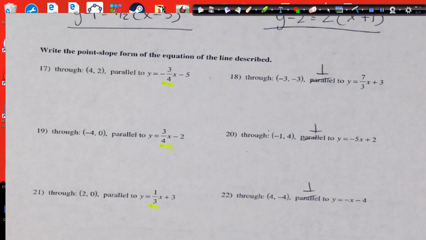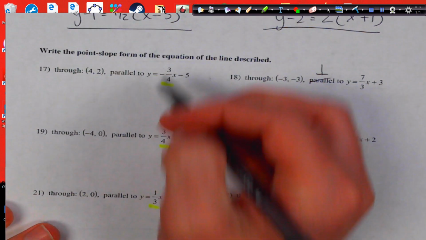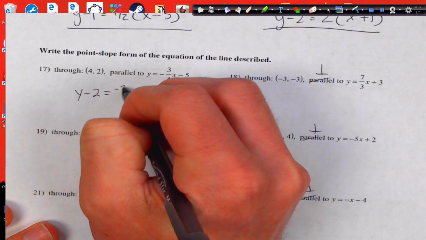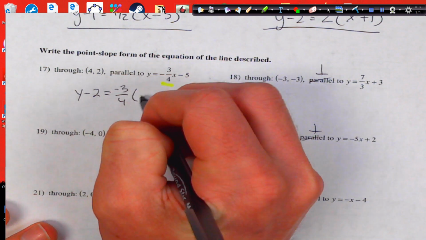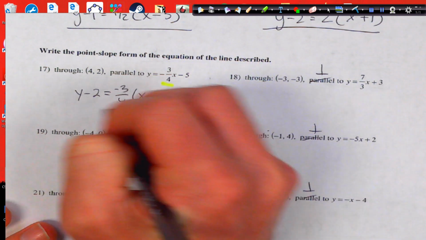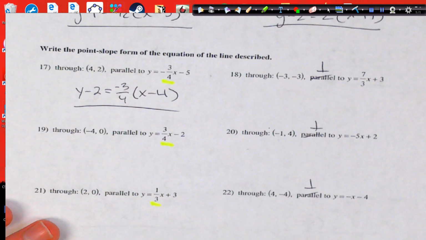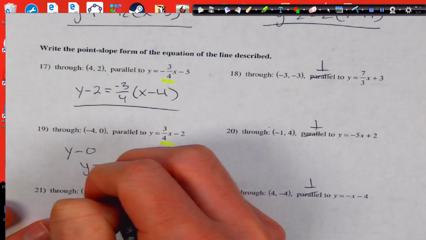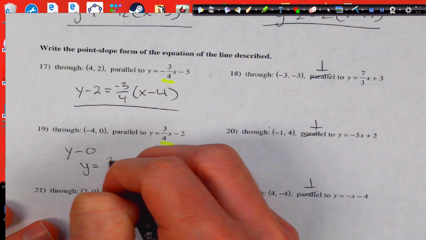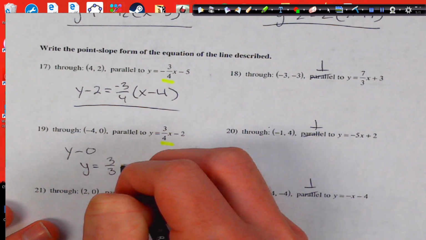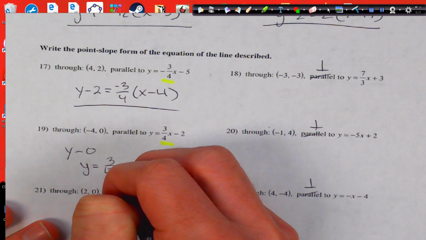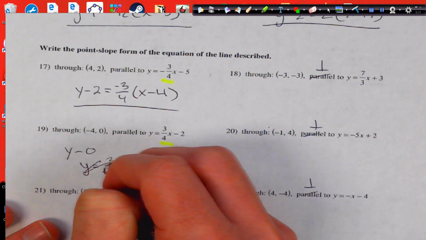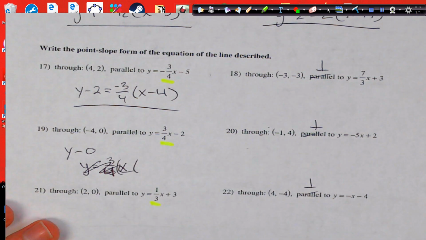Okay, so we'll get to those, but we'll do the slope ones first. So I'm basically doing the same thing I did before, y minus 2 equals, but I just steal the slope straight from the other line. Y minus 0, which means we could just write y equals 3 over 4 x. Let's start all over again, that was messy.